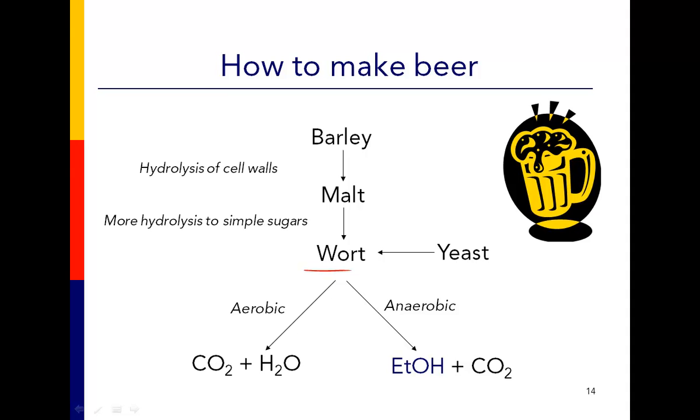What makes them ferment? It turns out that grapes and grapevines have yeast and other fermenting microorganisms that live on them naturally. That's why fruits will ferment naturally, because they already have stuff living on them.